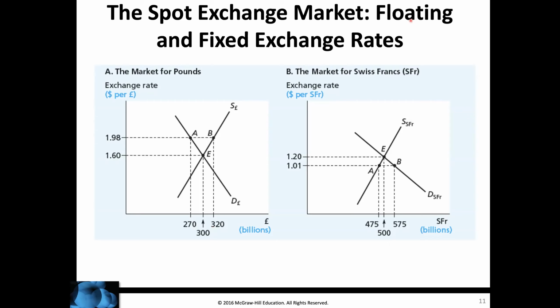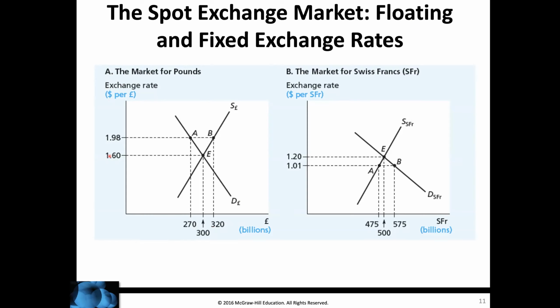And we're going to compare floating versus fixed exchange rates. So here in the section of the figure, that is section A, we're looking at the market for British pounds. And the exchange rate is the number of dollars per British pound.